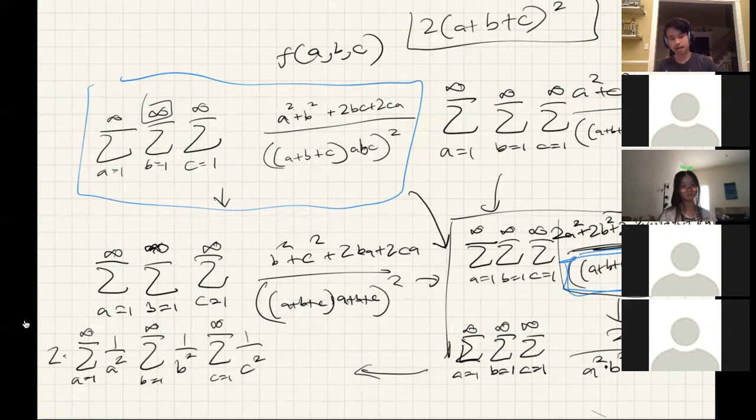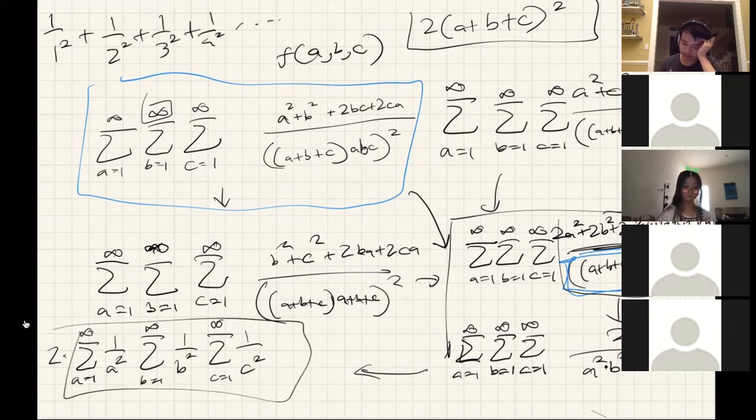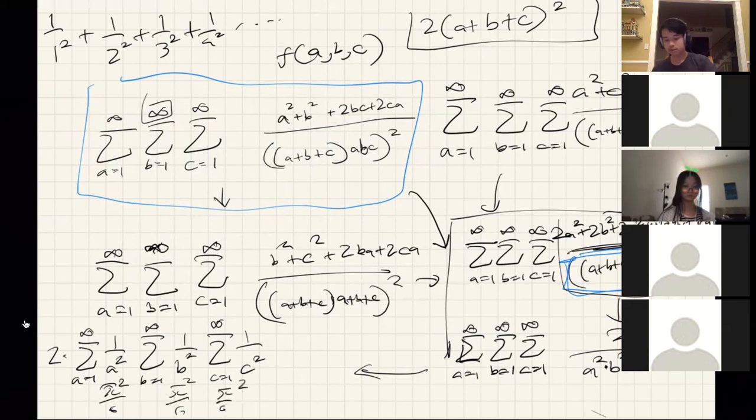And once again, by the Basel problem, which I discussed briefly in last week's class, each of these sums is going to evaluate to pi squared over 6. Pi squared over 6 here, pi squared over 6 here, pi squared over 6 here.